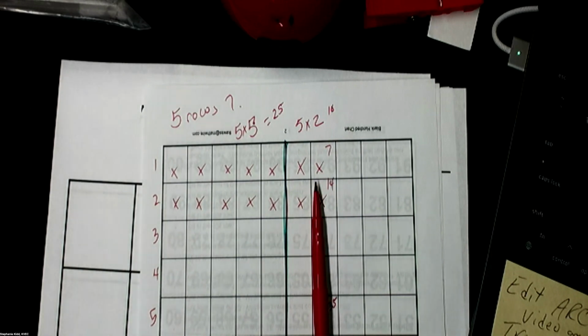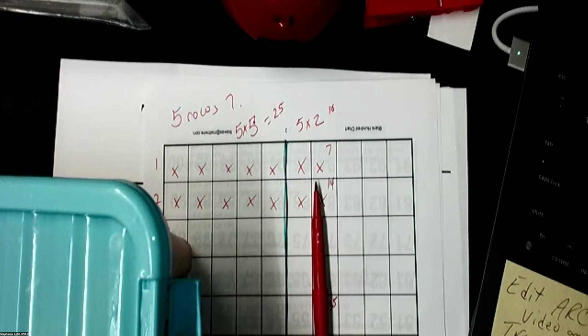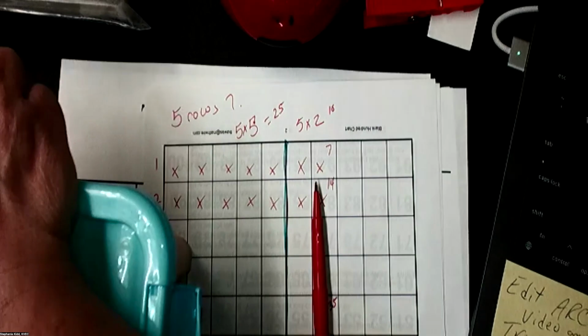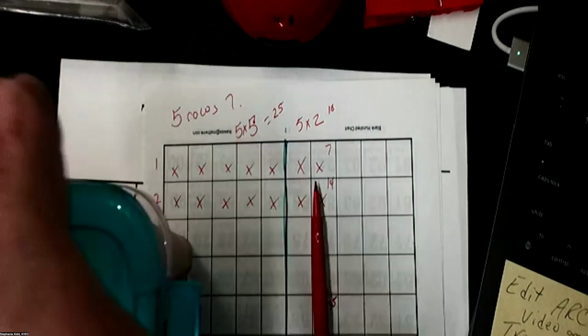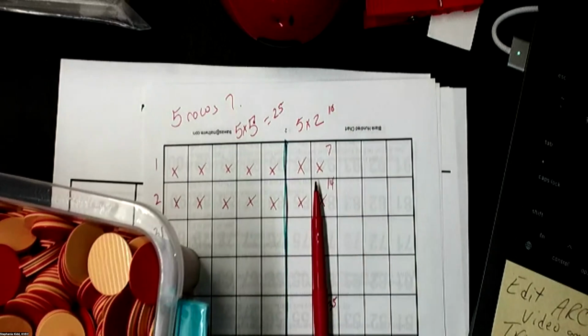But with this one, I use either small plates or small bowls and they drop it in. That way I don't have to worry about them actually losing the counters or messing those up, in ways that they can lay out their bowls, as in 5 bowls. And then each bowl has 7.